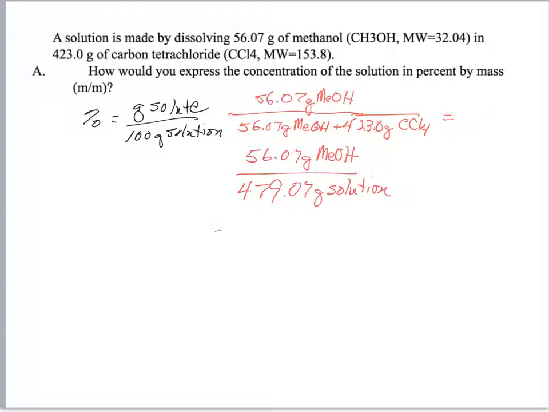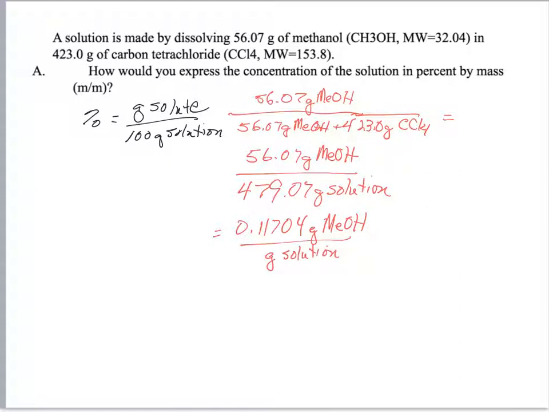Which is going to equal then, if you do the math, 0.11704 grams of methanol per gram of solution.